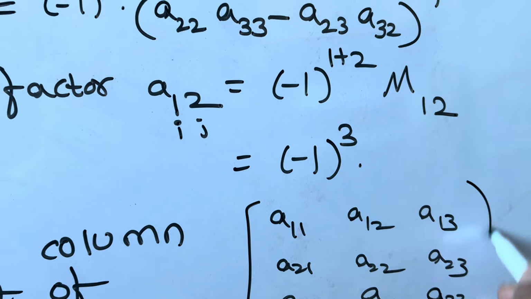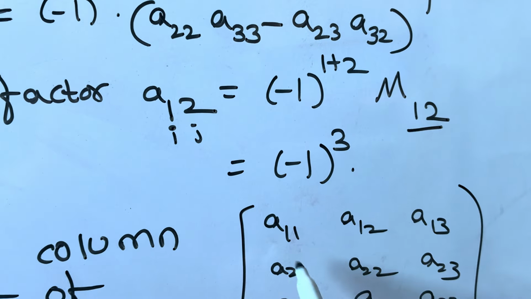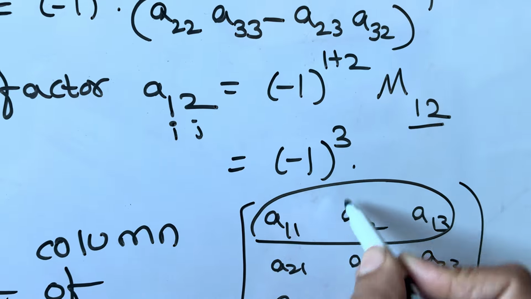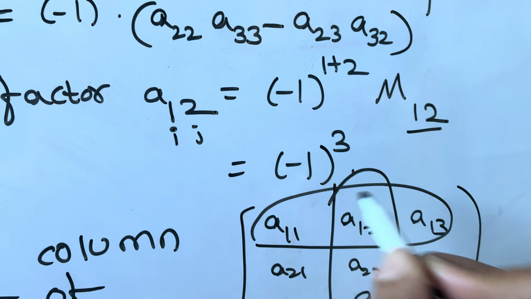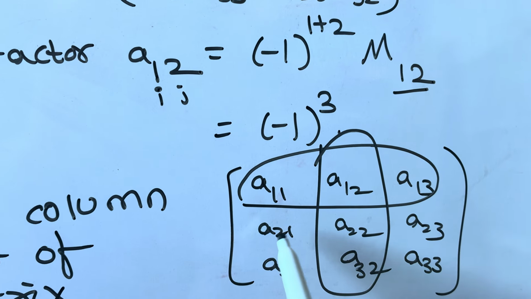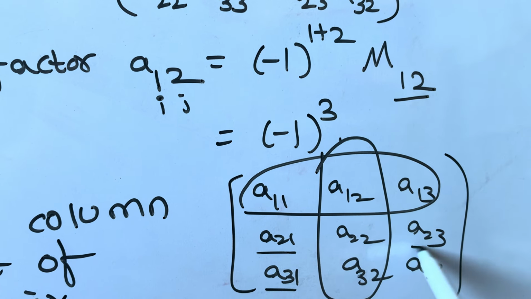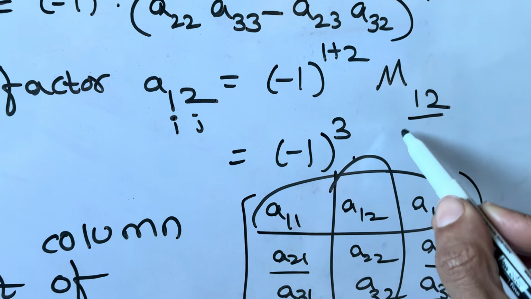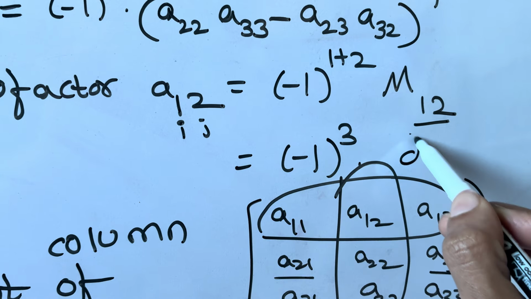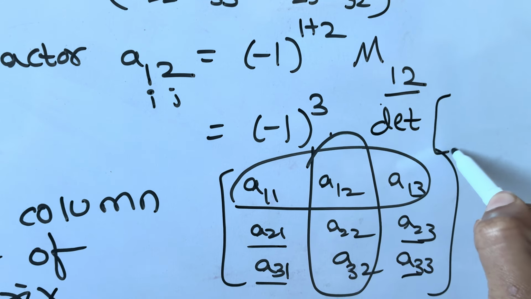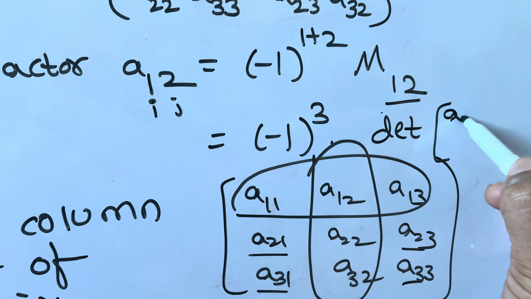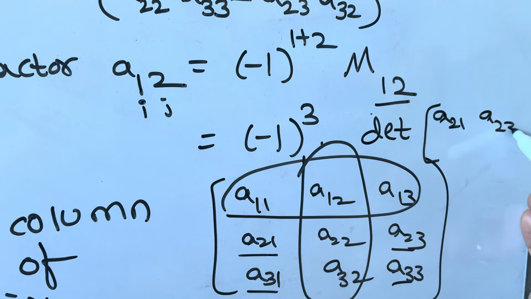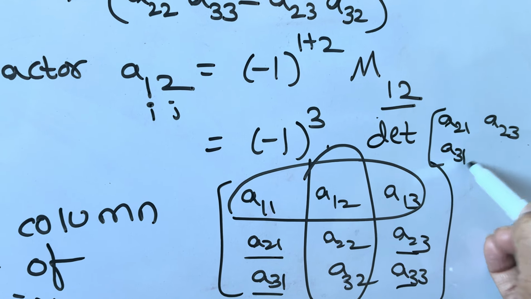Okay, this is our given matrix, and I'm going to eliminate my first row and second column. So I'm left with the submatrix with these 4 elements. So my minor of the matrix would be the determinant of these 4 elements: A21, A23, A31, A33.